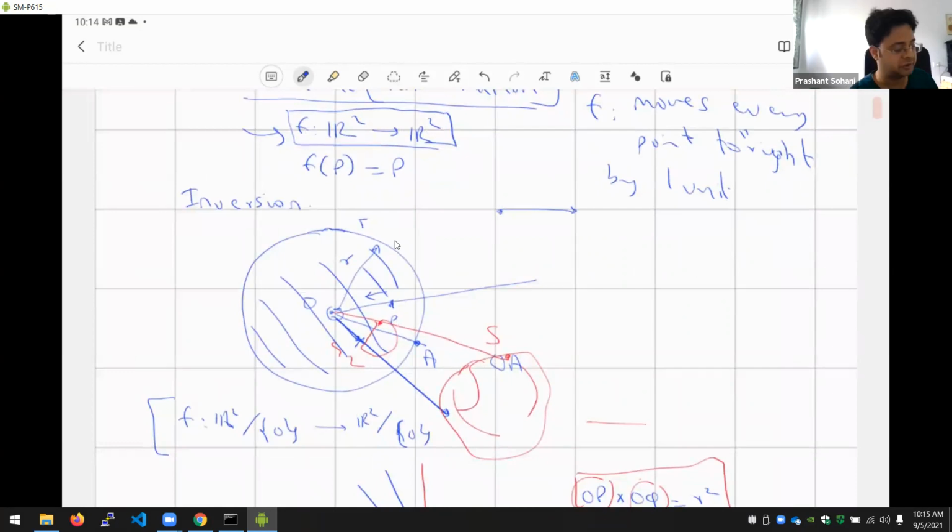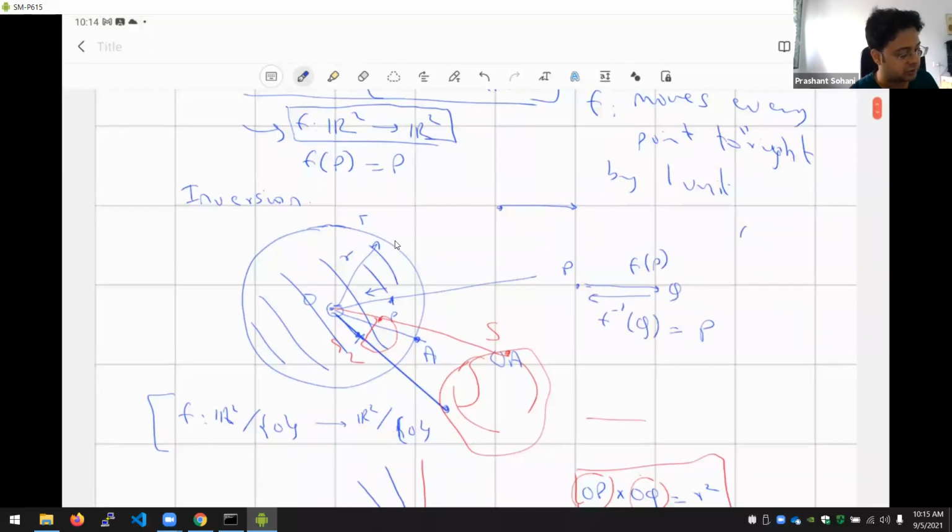If a point P is over here, f of P moves it to the right by 1 unit. So what is the inverse of this operation? f inverse will move the point Q back to P. So it moves each point of the plane back to the left.